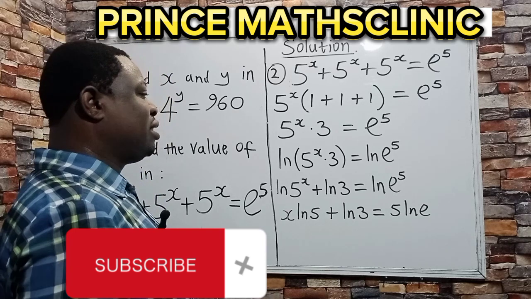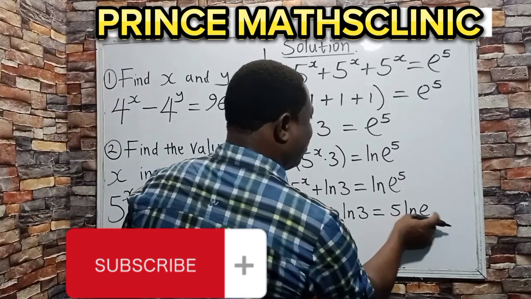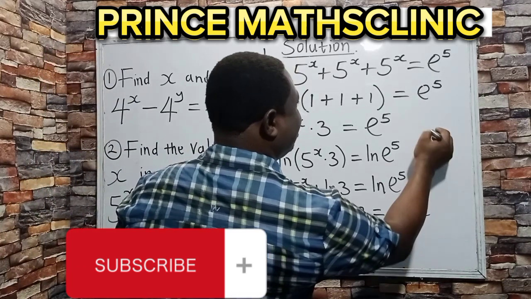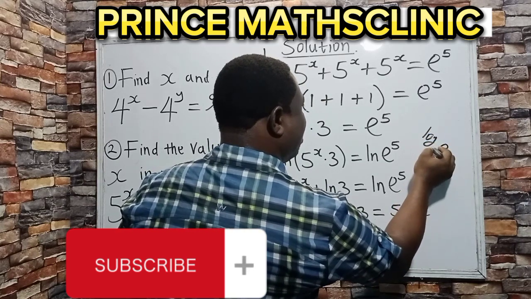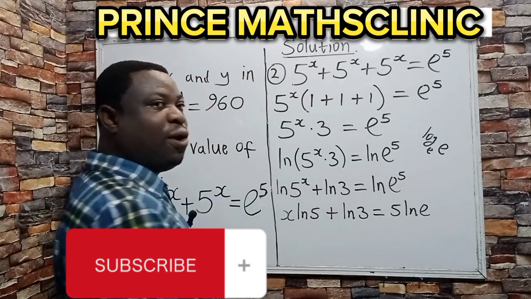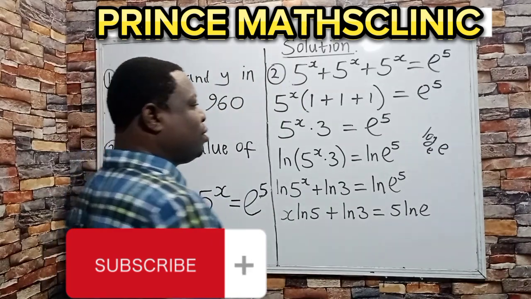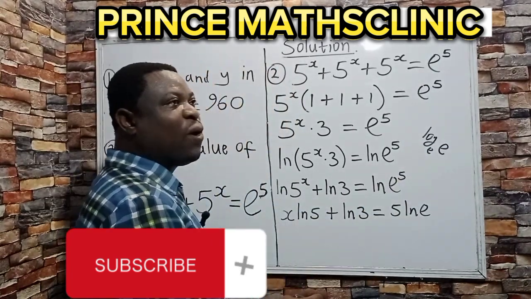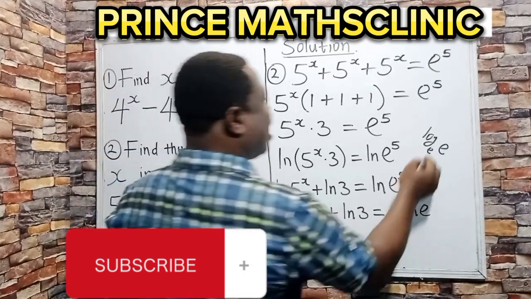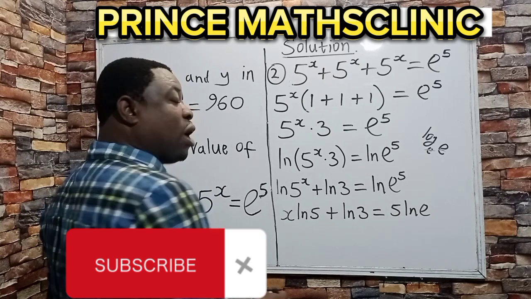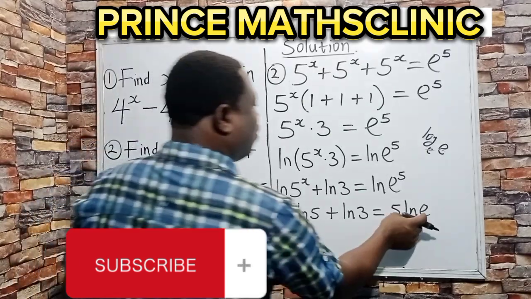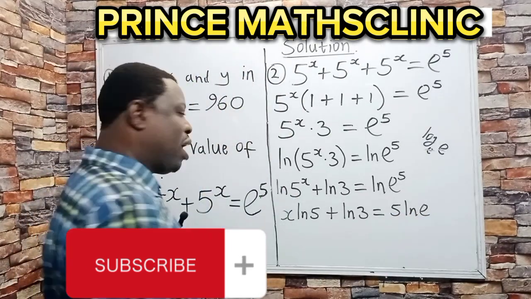Now we know that ln e is log e to base e. Remember, ln means log in base e. So I know that when a log and a base are the same, it becomes 1. You can also press your calculator for ln e, you are still going to get 1.